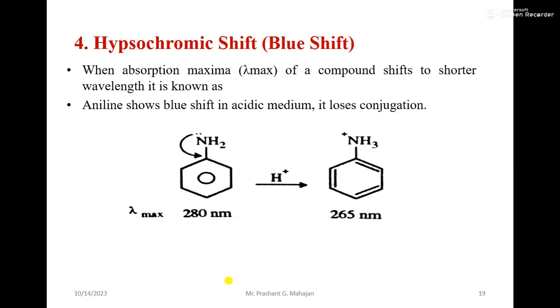In this case, we are considering the example of aniline. When we add acid to the aniline, the lone pair present on the amine nitrogen is going to convert into a positive charge. That means that positive charge created on the nitrogen will make it difficult for the charge to resonate.